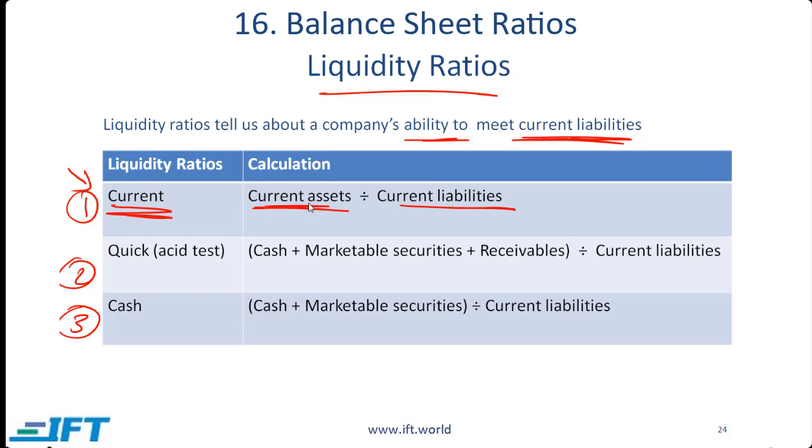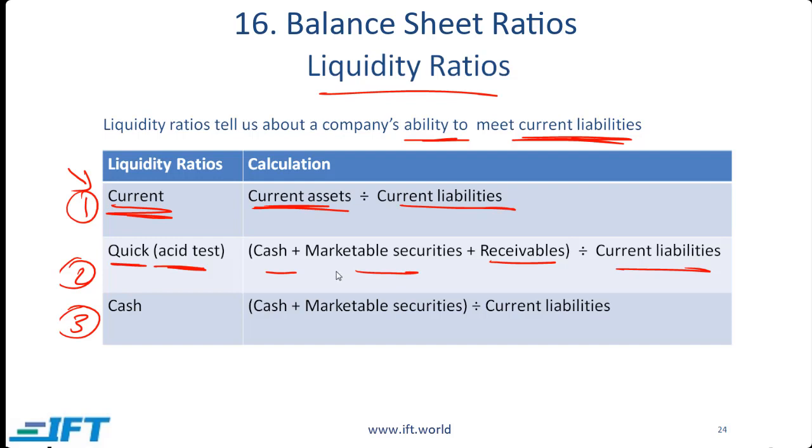Now, you might say that perhaps inventory is not too current. You might have a concern that the inventory might not be sold so easily. Then you can look at a slightly more conservative ratio, which is the quick ratio or the acid test. This looks at the major current assets minus the inventory. So cash, marketable securities and receivables divided by current liabilities.